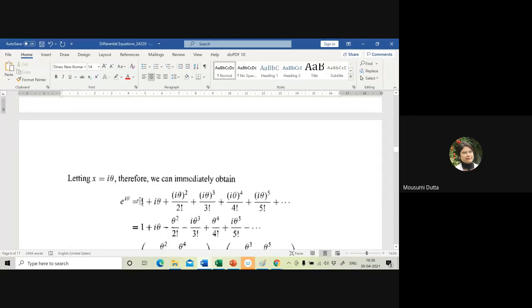I am writing theta purposely because I'll present it in terms of sine theta and cos theta. I could write iy, iv, iu, anything, but the main thing is I am making x imaginary.